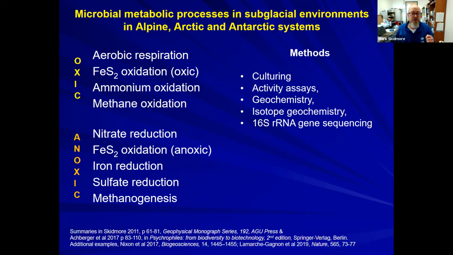And so, just like Martyn said, just like in marine or freshwater sediments, a range of different processes can occur under both oxic and anoxic conditions. And I'm going to focus on the pyrite oxidation simply because of its importance to subglacial weathering.